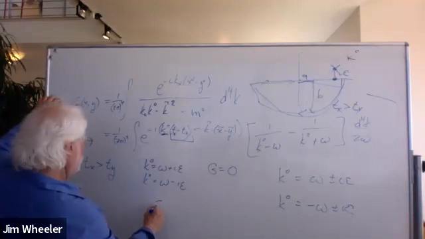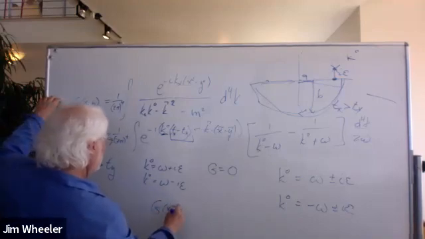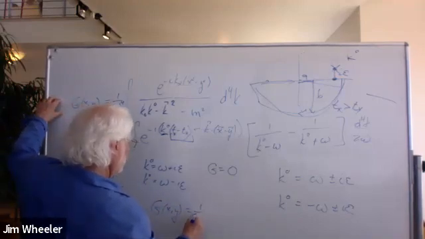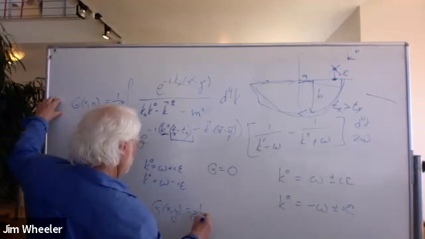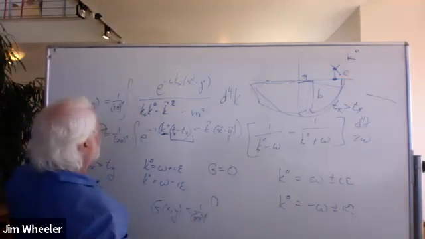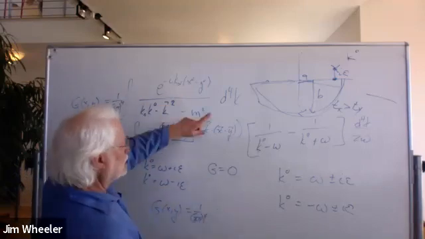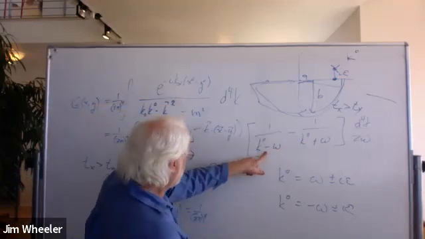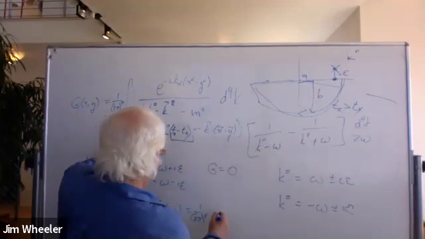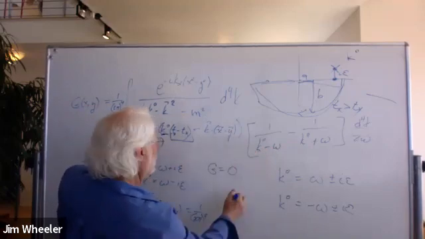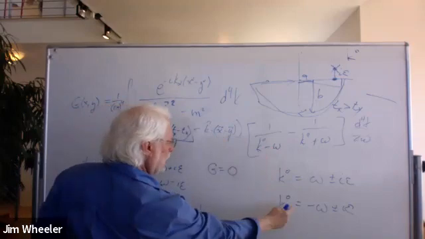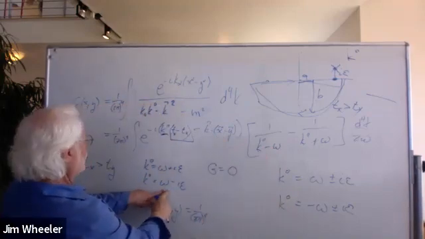So what's going to happen, G of x y is going to be our coefficient here. Let's see. So what we want is the residue of this pole. So that's going to be this function evaluated at that root.